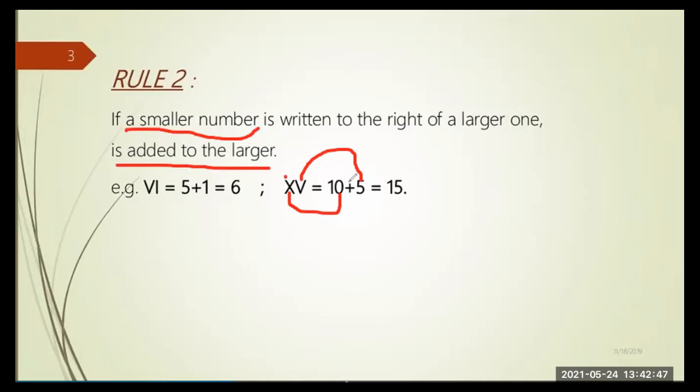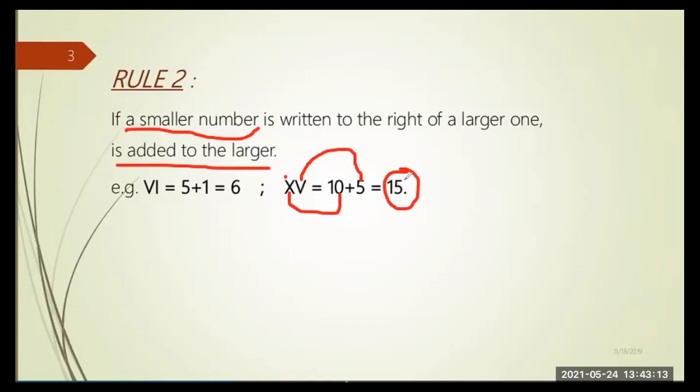So here you can see 10 plus 5, our value is 15. That 5 is our smaller number and that 10 is our larger number. If we write like this, then we add both numbers. After adding, we get the answer, that is 15. 10 plus 5 is 15.